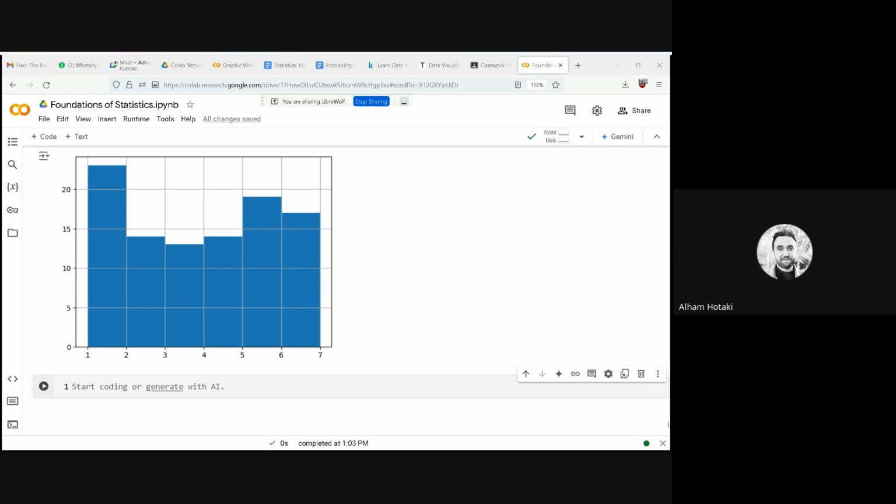What will be the mean of it? np.mean of rolls 10 number, and np.mean of rolls 100 number.